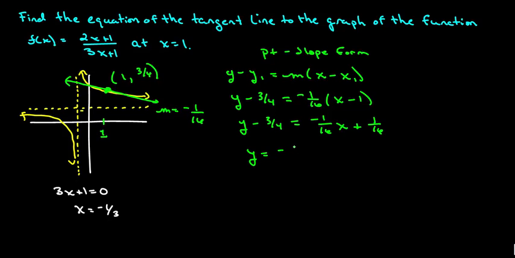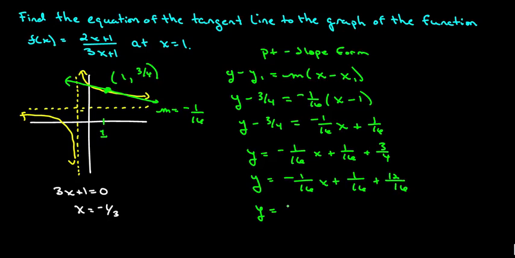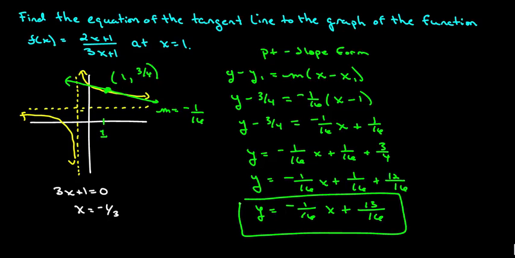So y will be equal to negative 1 over 16x plus 1 over 16 plus 3/4. We'll get a common denominator here. Okay, so this right here is the equation of the tangent line, the green line.